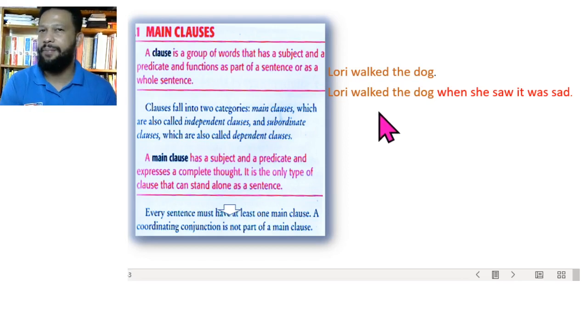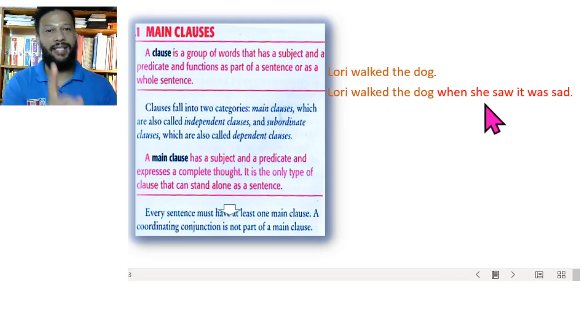Let's look at the examples again. Example number 2. Laurie walked the dog. This is a clause that expresses a complete thought. So this type of clause is independent because it can become a sentence on its own.